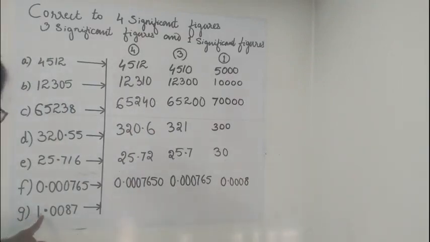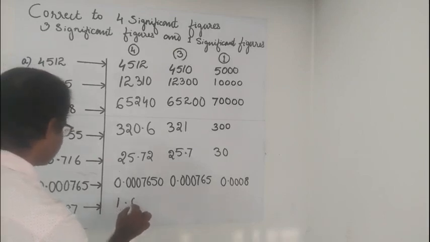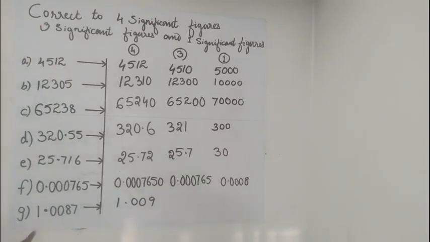Next, 1.0087. We only want a 4-digit number, 4 significant figures. So 1, 2, 3, 4. After the 4-digit number there is a 7, greater than 5. So we have to add 1 to this number. So this becomes 1.009. Got it? Next, 3-digit number. So 1, 2, 3. 3 significant figures.